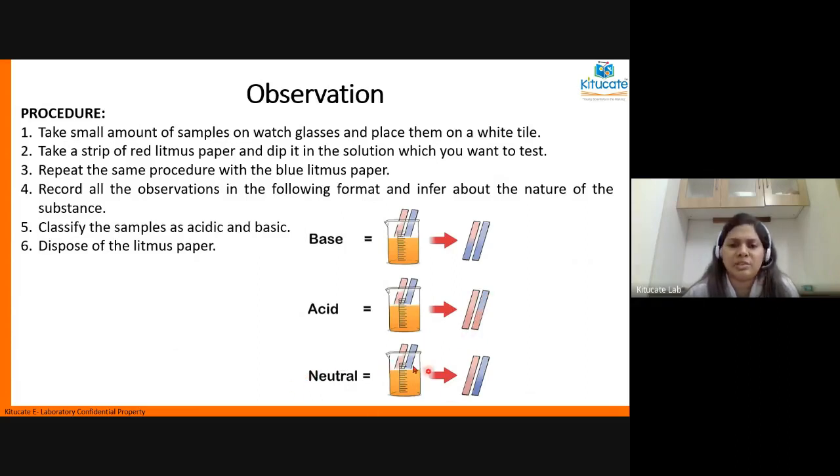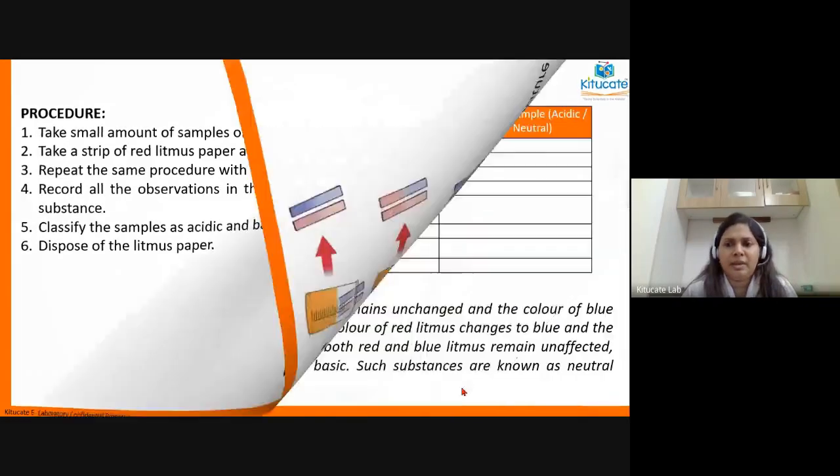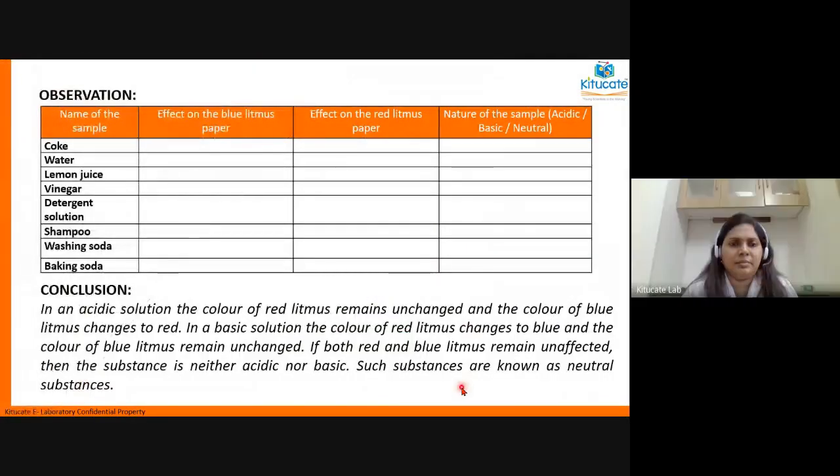In a neutral solution like water, the red will remain red and the blue will remain blue. You can say any solution is neutral only when you have tested with both blue and red litmus and the color in both cases remains the same. Only then can you say that the solution is neutral. You can note down the observations.